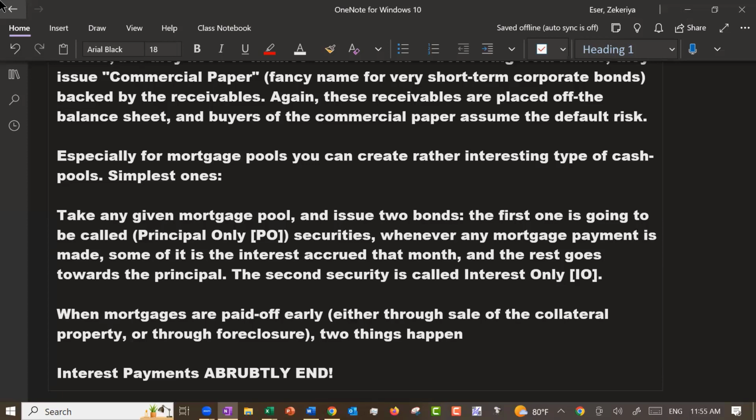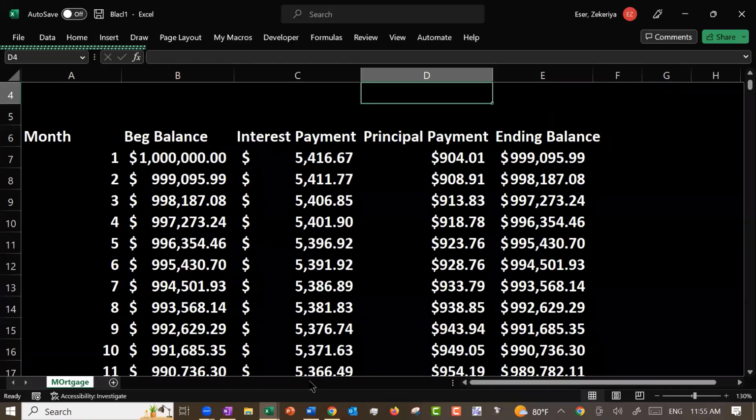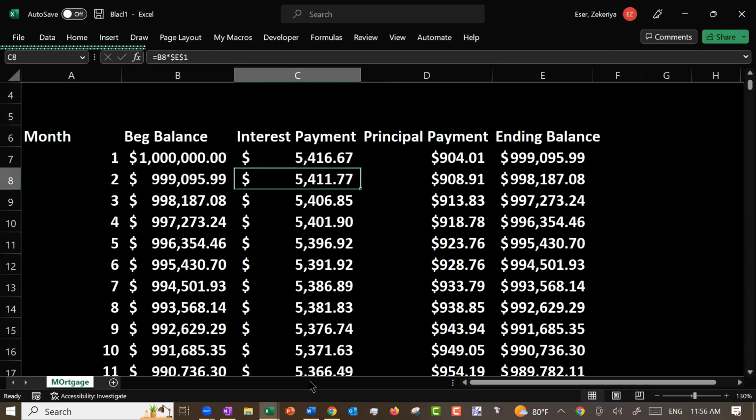So if you are holder of an interest-only kind of mortgage-backed bond, you do not want these mortgages to be prepaid. Let's consider the extreme example. You bought the interest-only portion of a mortgage, and you paid money for it, and all the mortgages have been paid after the first year.